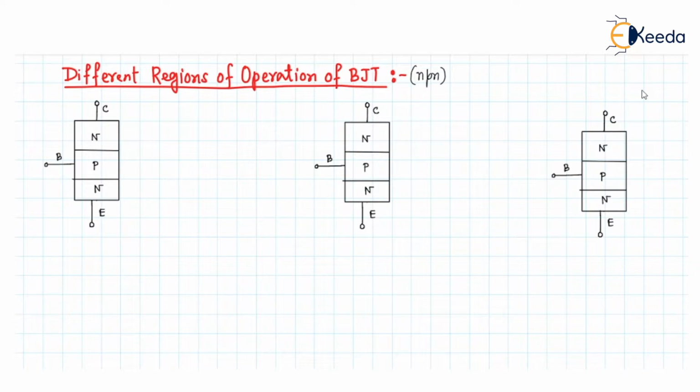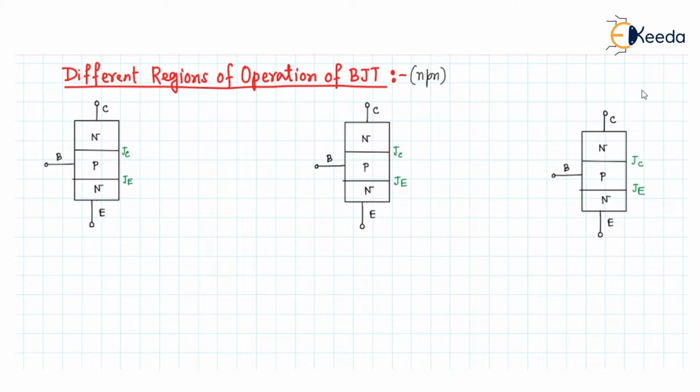In this NPN transistor, this junction will be the JC junction and this is the emitter junction. There are two PN junctions.